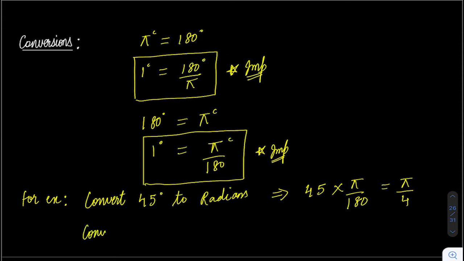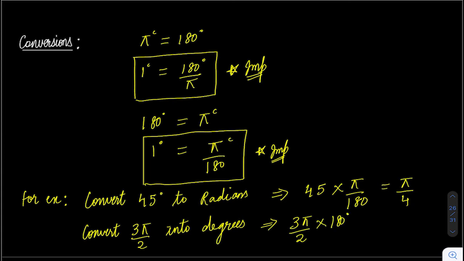Let's try converting a radian angle into degrees. Let's convert 3 pi by 2 into degrees. We know that 1 radian is 180 degrees by pi. So 3 pi by 2 radians means 3 pi by 2 times 180 degrees by pi. Pi will cancel.